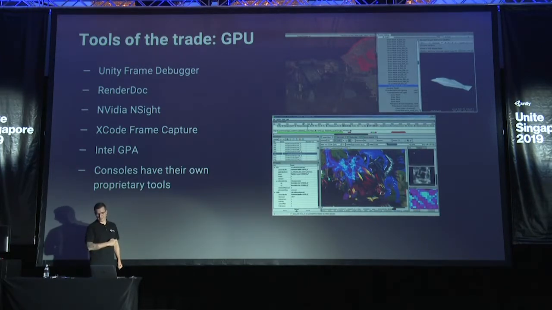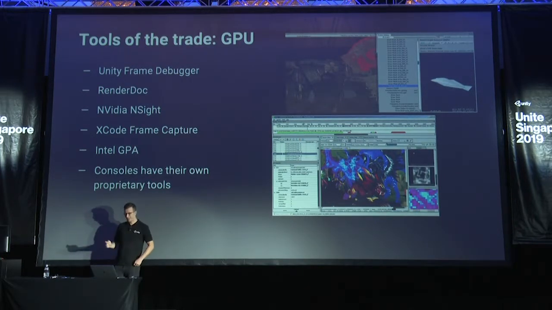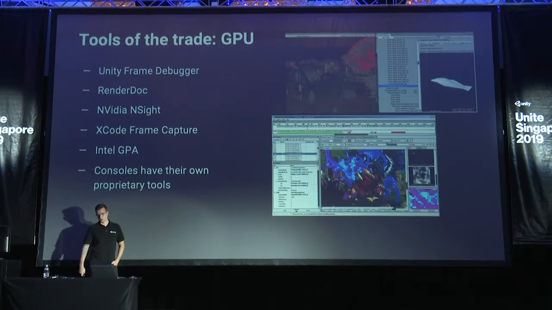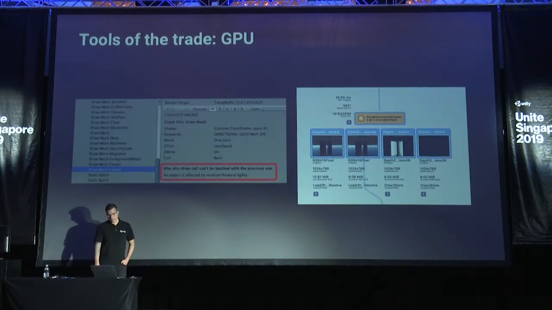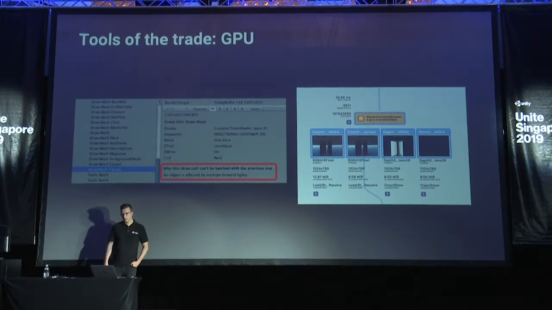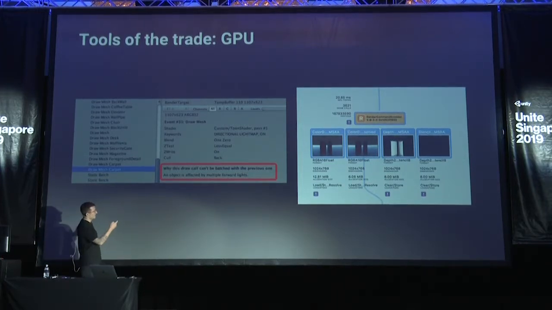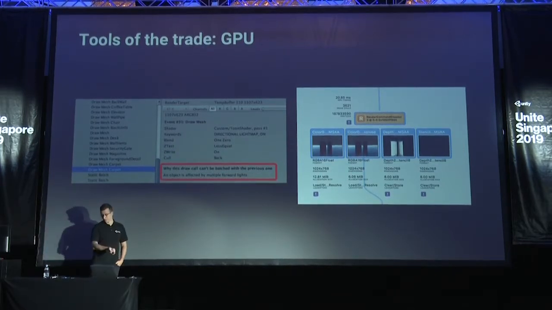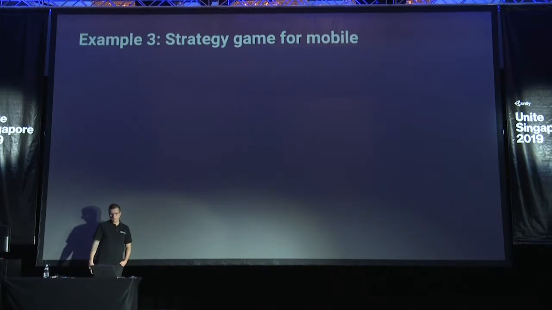But once you get into console development and you go to the development website, you will get all the proprietary tools. So, yeah, this is the frame debugger on the left and Xcode frame capture on the right. And you can see that they are very useful because they give you useful info about what the problems in your game are.